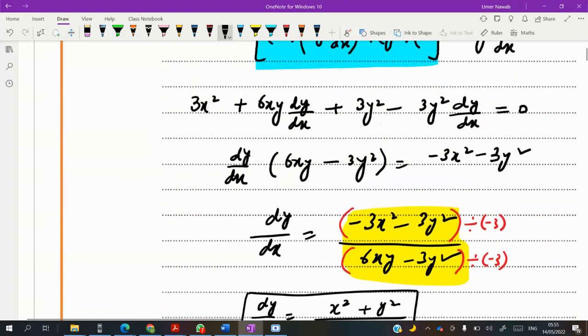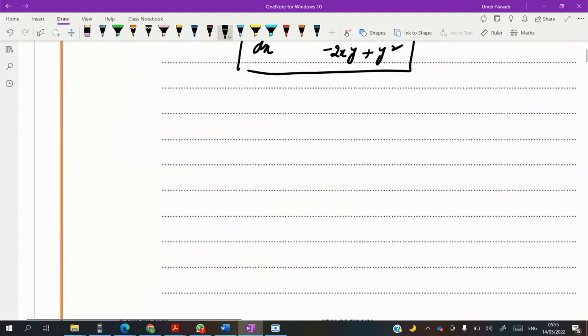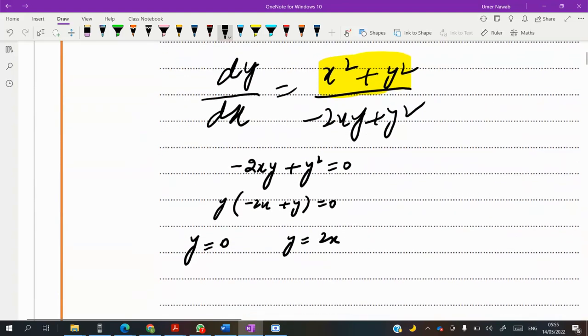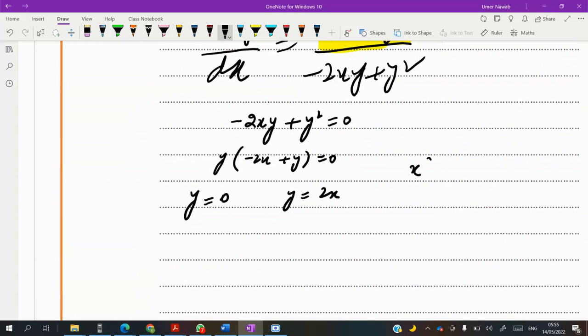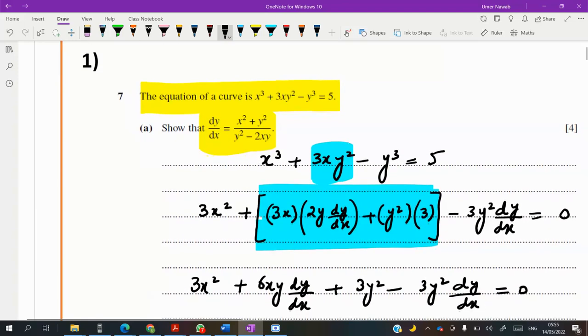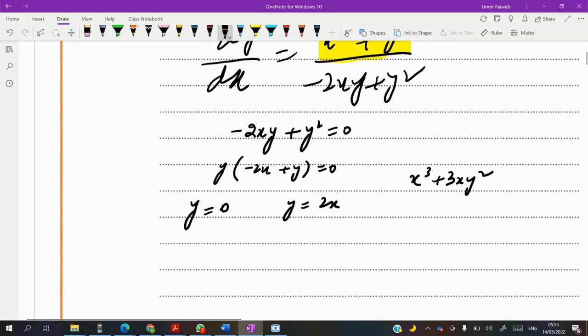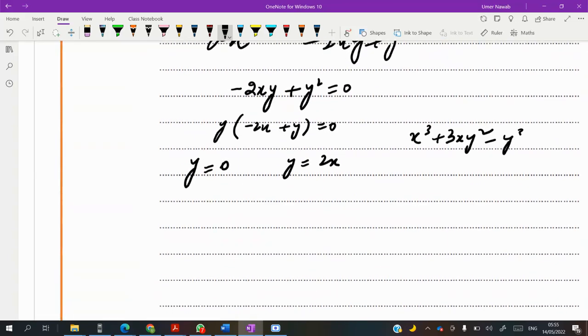The original equation is given to me: x cubed plus 3xy squared minus y cubed is equal to 5. Can you plug it in?